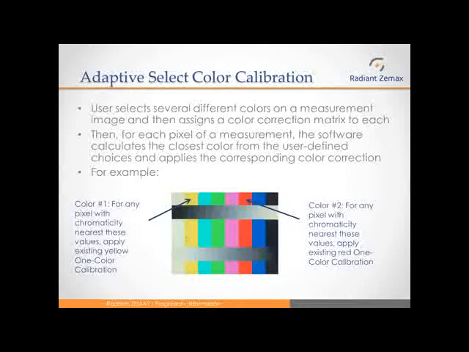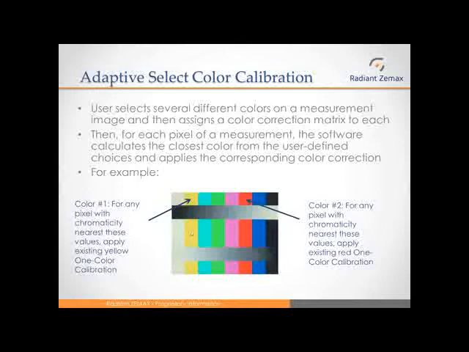And so what that means is that for every pixel, the software will go through, calculate the chromaticity coordinates, and then say, does this match what the user told me to use a one-color calibration for? So for instance, for a pixel in this region, the coordinates are going to be very close to what we defined up here.